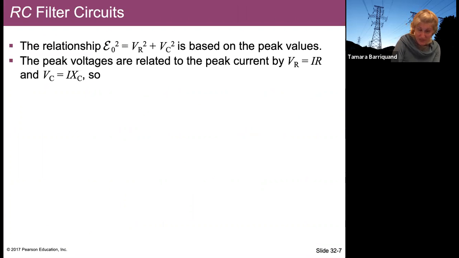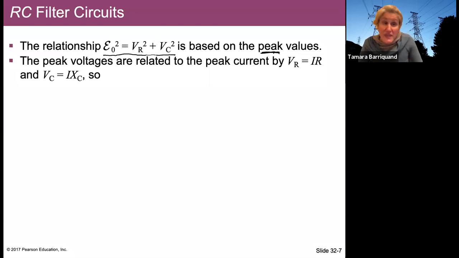So the relationship is EMF naught squared equals VR squared plus VC squared. That's based just on peak values, not the instantaneous values. Those give us the relationship between the peak EMF, the peak resistor voltage and the peak capacitor voltage.